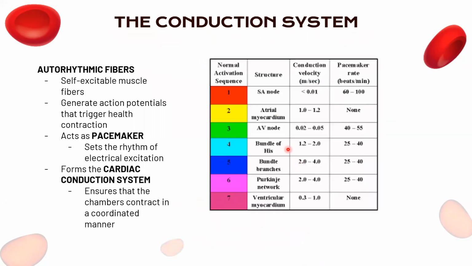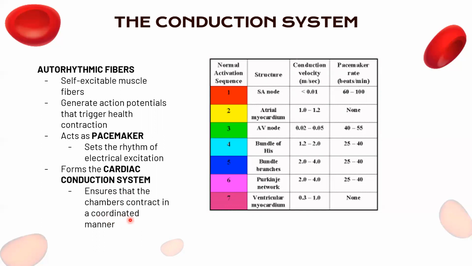Cardiac physiology, the conduction system. Why does our heart beat? Because the heart has autorhythmic fibers. They are self-excitable muscle fibers that generate action potentials that trigger heart contraction, act as the pacemaker and set the rhythm of electrical excitation, and form the cardiac conduction system, ensuring that the chambers contract in a coordinated manner.